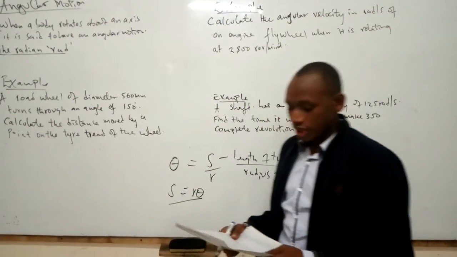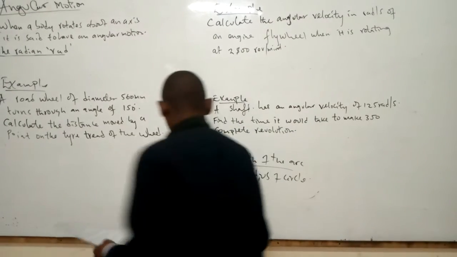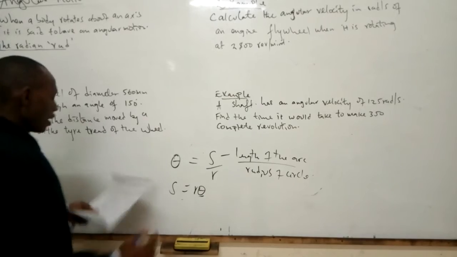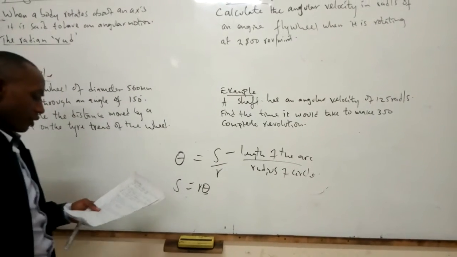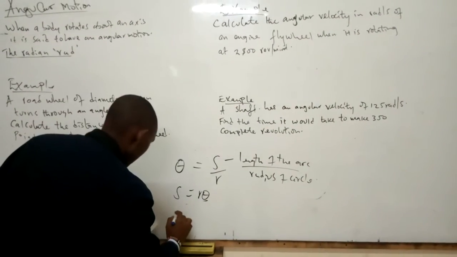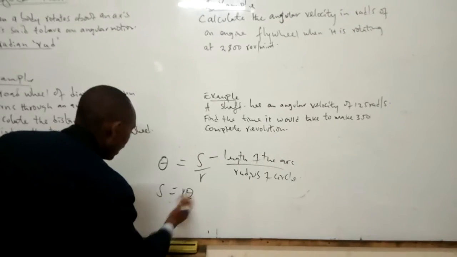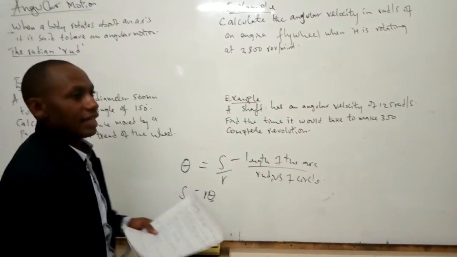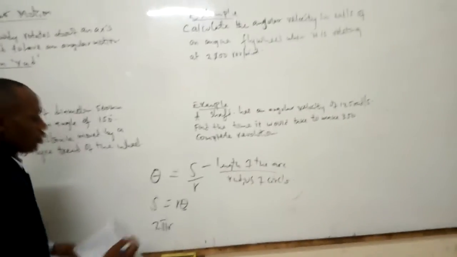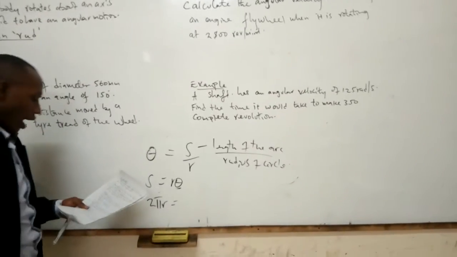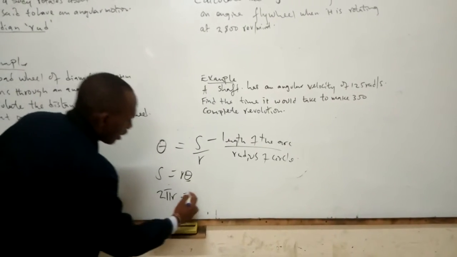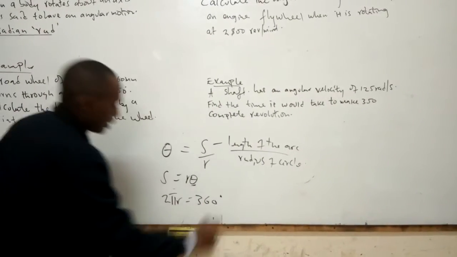Then you need to note that for a complete revolution, the arc length is given by 2 pi r, the circumference of the circle, which is equal to the angle in radians for 360 degrees.